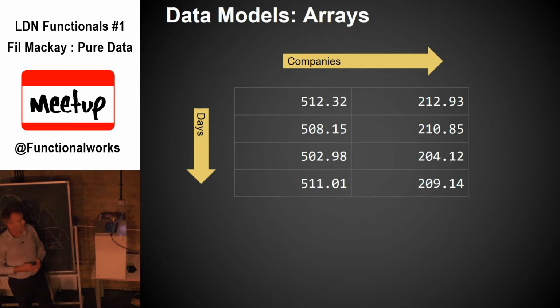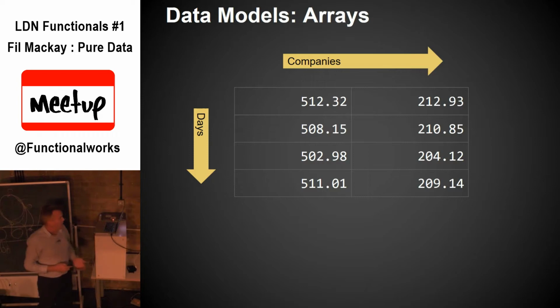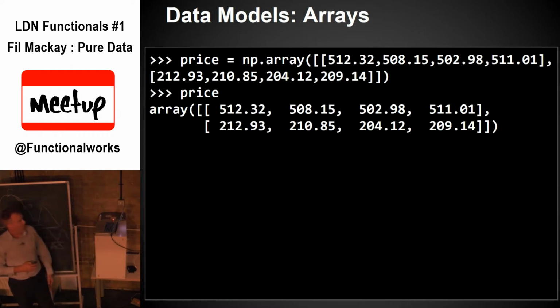That's the same data stored in a two-dimensional array. When you're dealing with arrays, often you need to be thinking, what do the different dimensions, rows and columns, relate to? Now in this array, we have to remember that the companies is the x-axis and the days is the y.